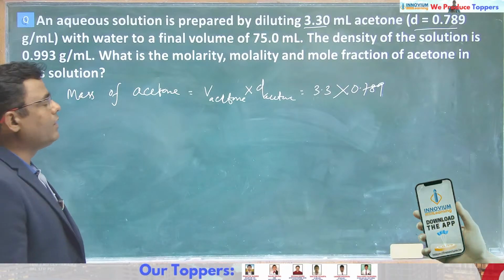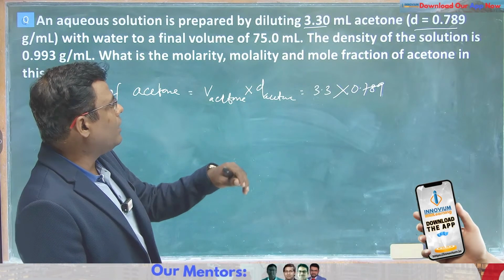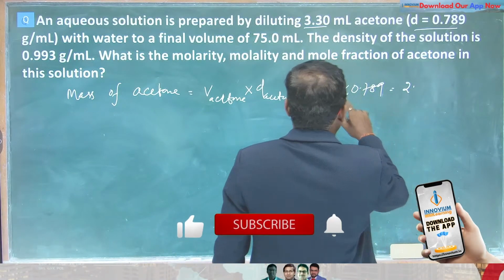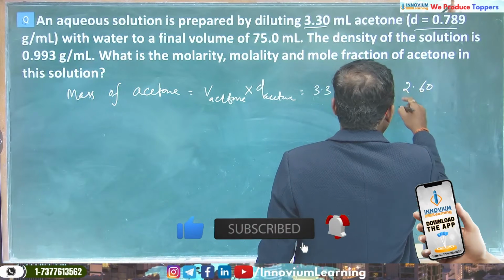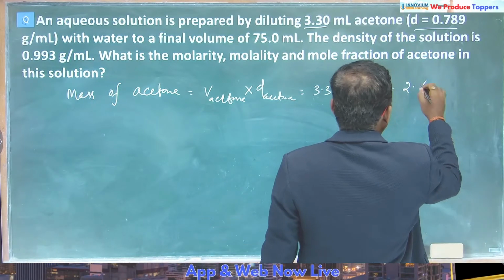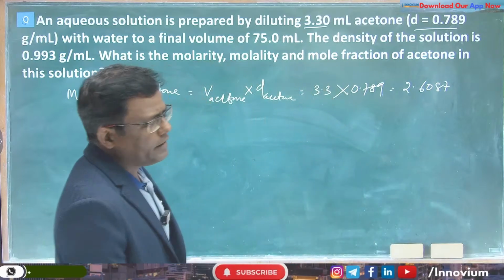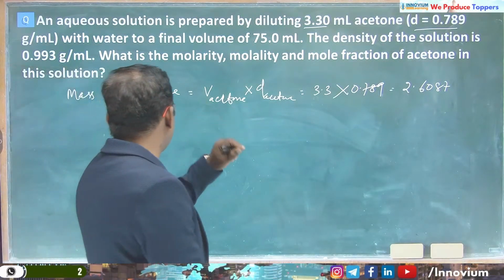So what is the result? If you multiply this, it will come around 2.60, approx 2.6037, correct? So this is the mass of that acetone.